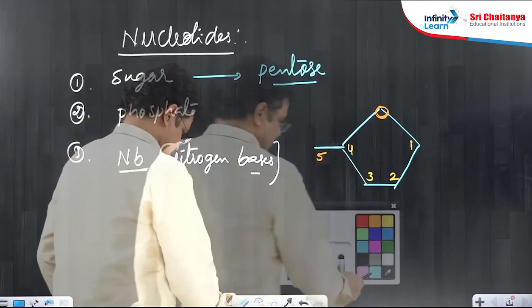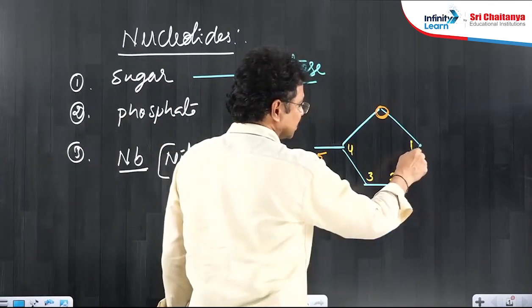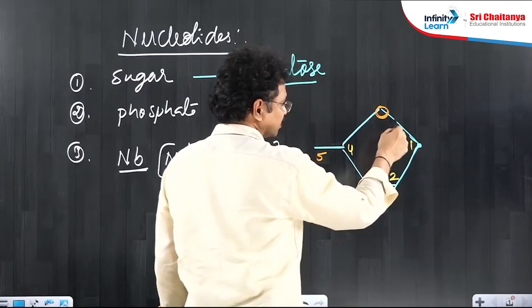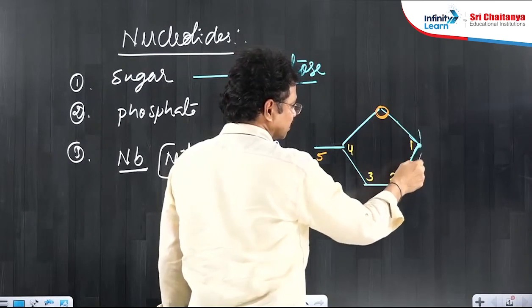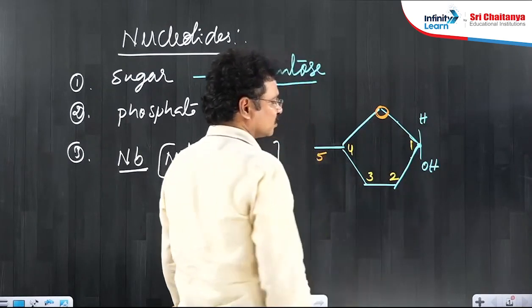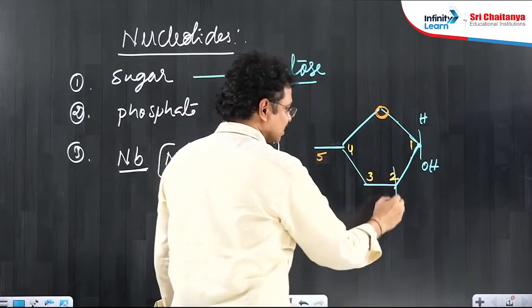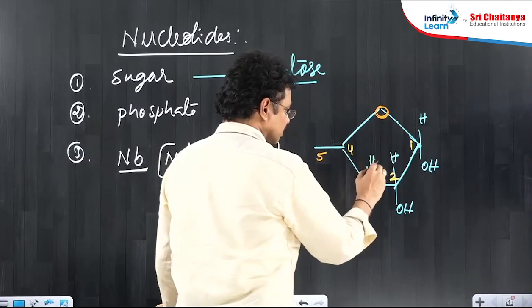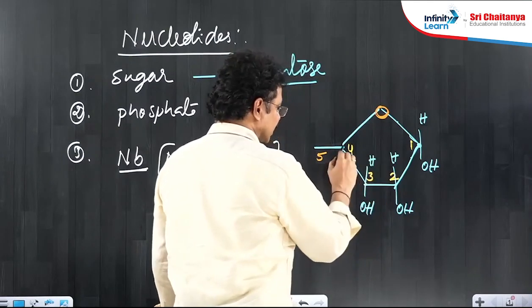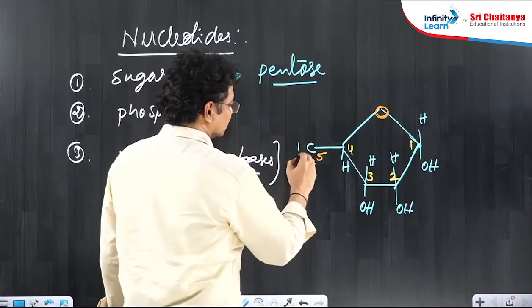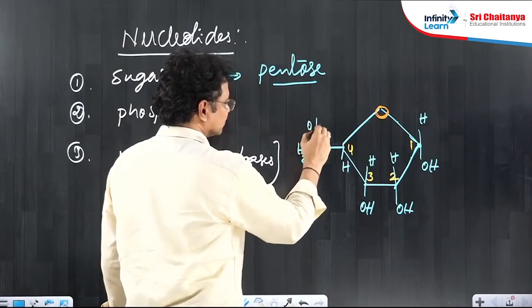This is a pentose sugar. As you know, each carbon possesses 4 valency positions. One position, this bond, second position, third and fourth position: hydrogen, hydroxy group OH. Even in the second carbon also, hydrogen and OH. Third carbon, hydrogen and OH. At the fourth carbon, only a hydrogen atom is there. At the fifth carbon, a CH2OH group is there.